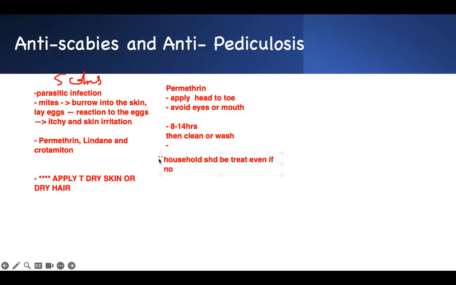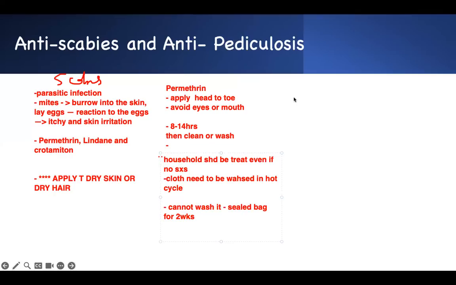Everybody has to be treated. Your clothes need to be washed in a hot cycle, really hot. That's very important. If you cannot wash them, then put them in a sealed bag for 2 weeks so that you can kill all the eggs and everything.